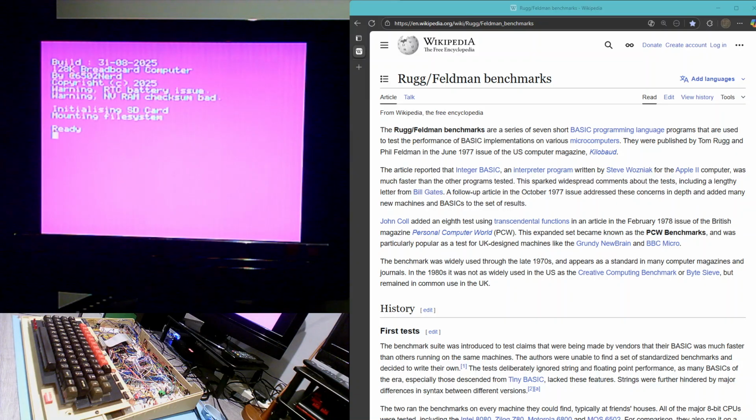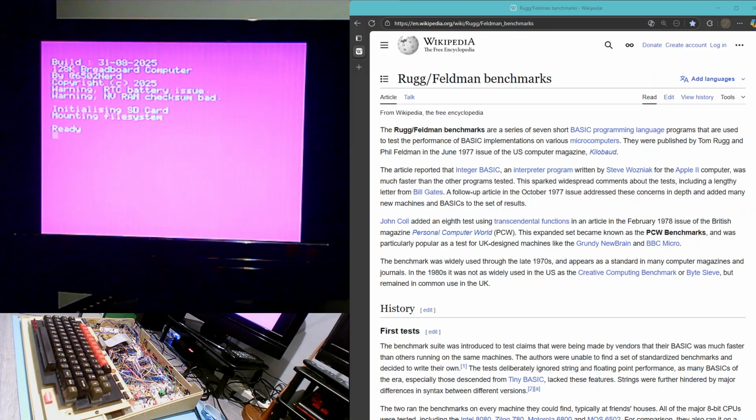The Rugg-Feldman benchmarks were used in quite a few magazines, in particular PCW in the UK. I remember in the early 80s reading their reviews of computers and seeing the benchmarks that those computers achieved using the equivalent of the Rugg-Feldman benchmarks from 77.